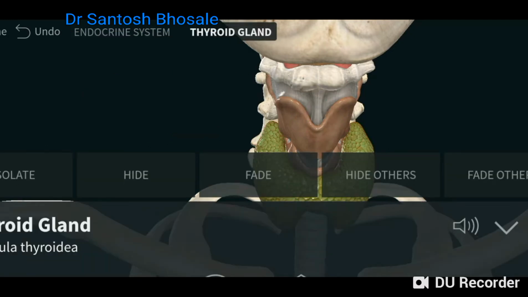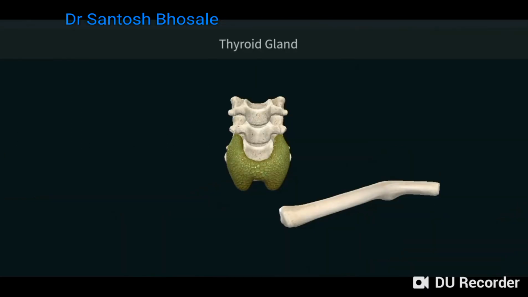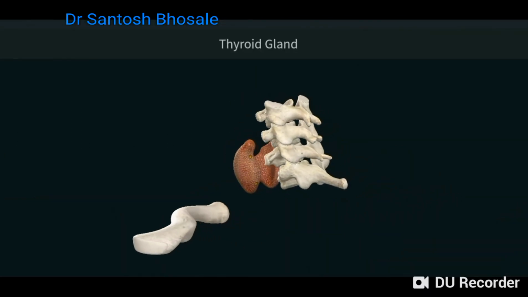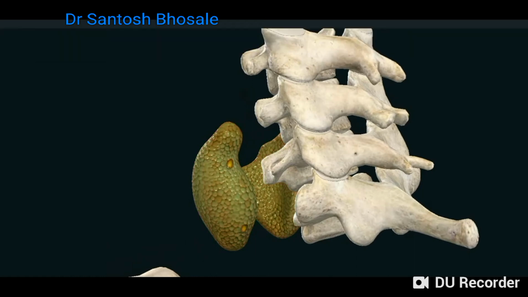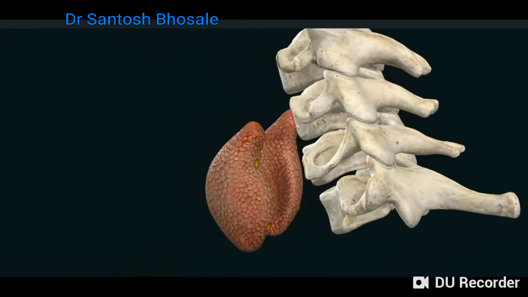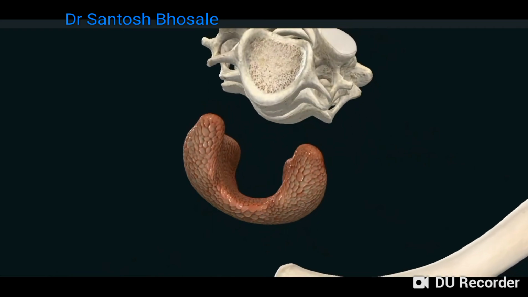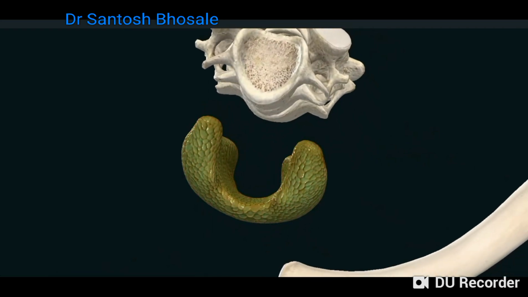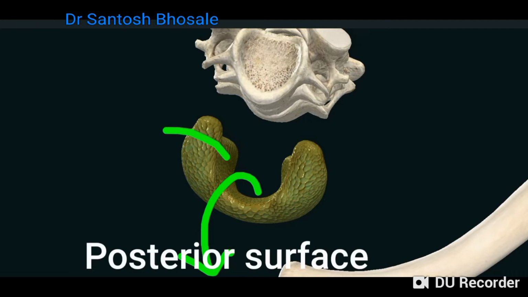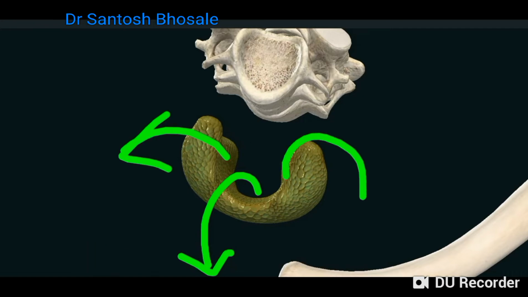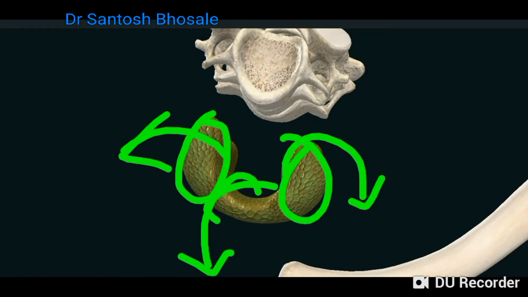If you isolate the gland, you will see the posterior surface related to the second to fourth tracheal rings, and you can notice the medial surface also in this view from the superior side. That is the posterior surface, and these are the medial surfaces, these are the lateral lobes, and that is the isthmus, the bridge connecting the two lateral lobes.